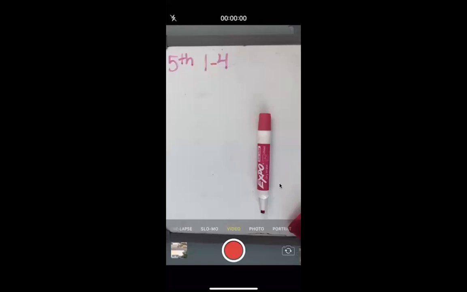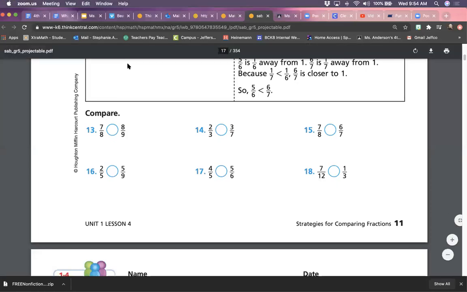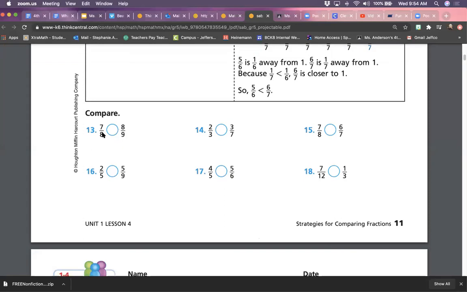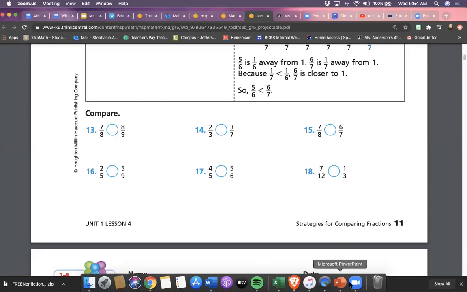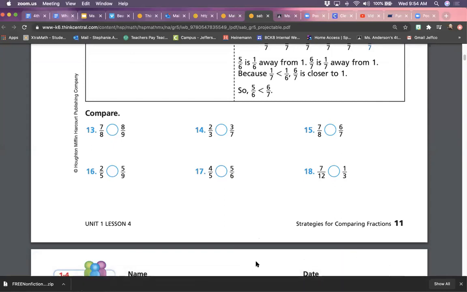So I want to look at a couple of our problems that we're going to be focusing on today. So here we have 7/8 and 8/9. This is what we were just talking about. I know that my 7/8 is 1/8 away from a whole.